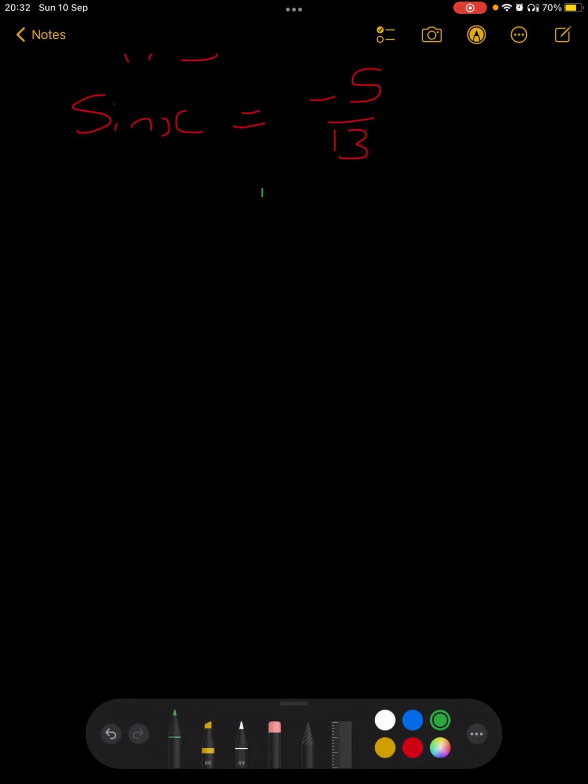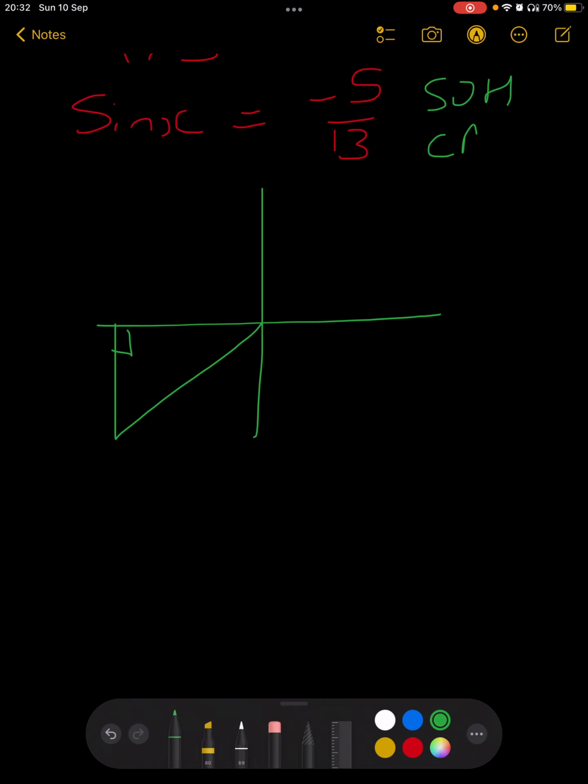So we are looking for this quadrant, and we know from SOHCAHTOA that sine is opposite over hypotenuse.